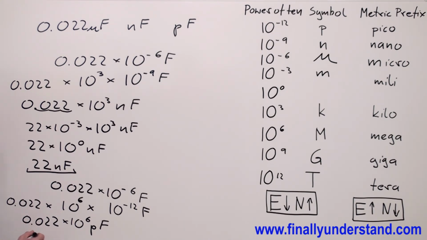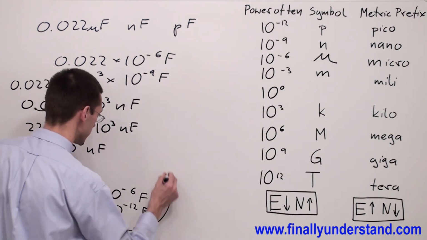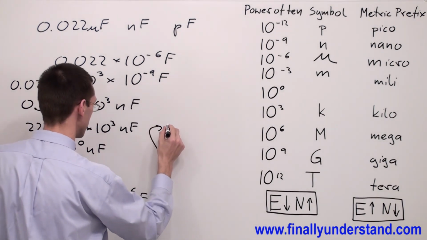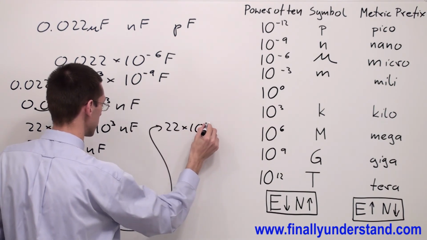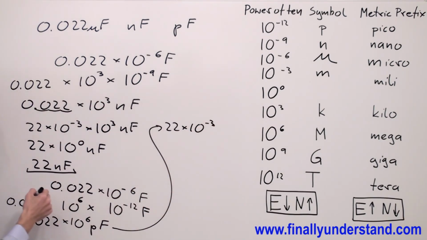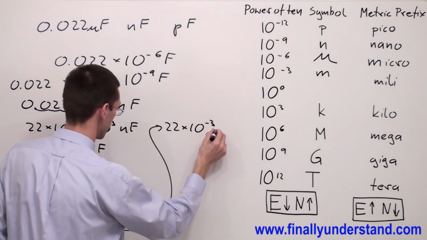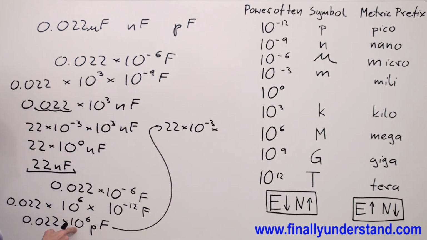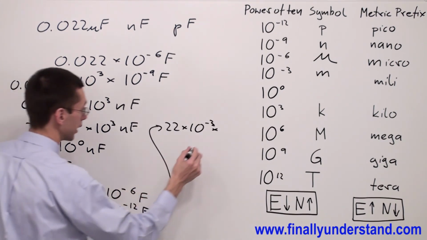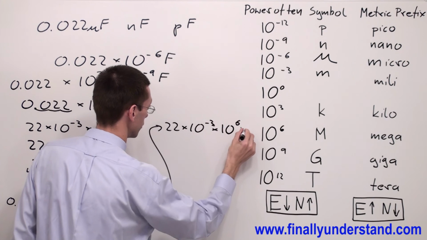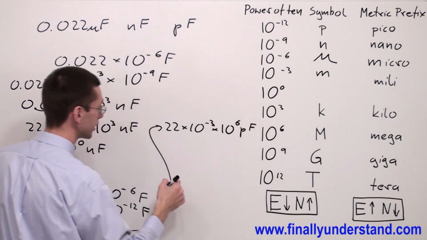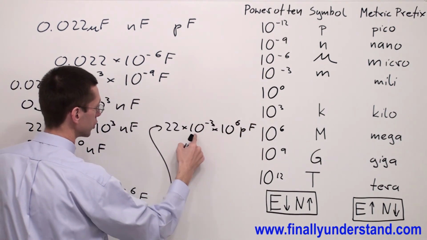That's why I'm going to write this number as 22 times 10 to negative 3, exactly like we had over here, times, copy down whatever we have over here, 10 to the 6th picofarads.